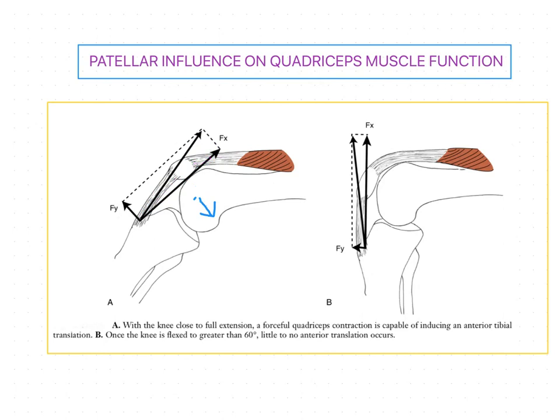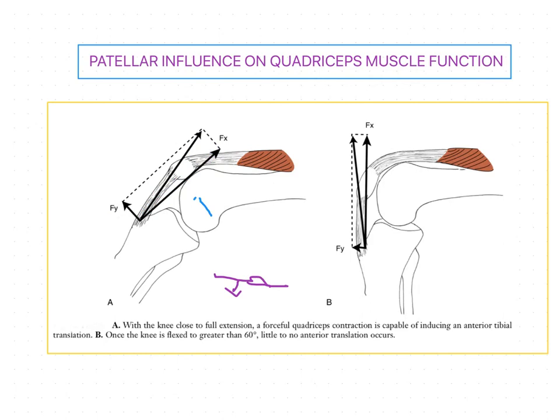During early flexion, the patella plays a primary role in increasing the quadriceps angle of pull in the initial stages of flexion, that is, when the knee is fully extended.